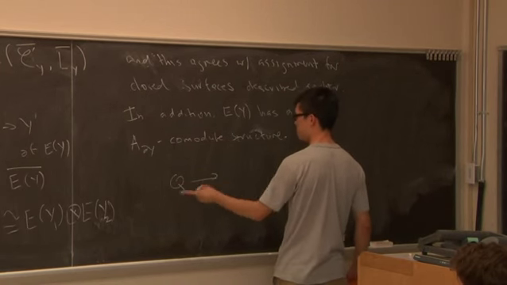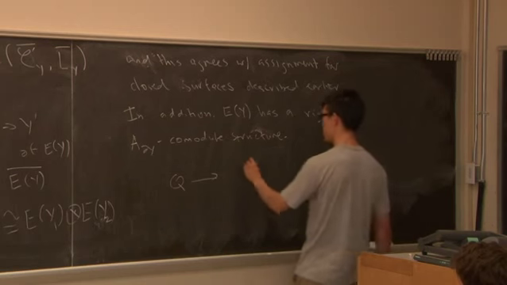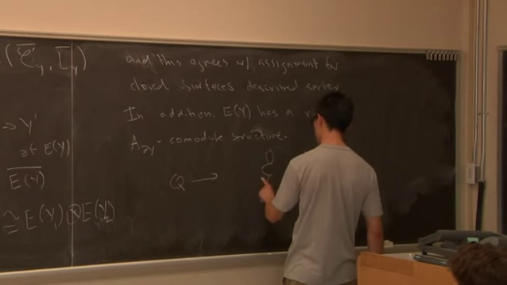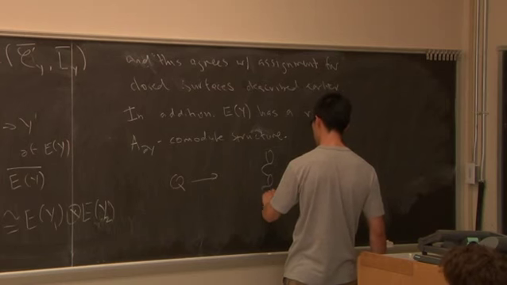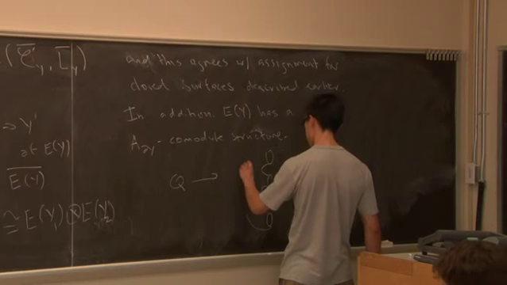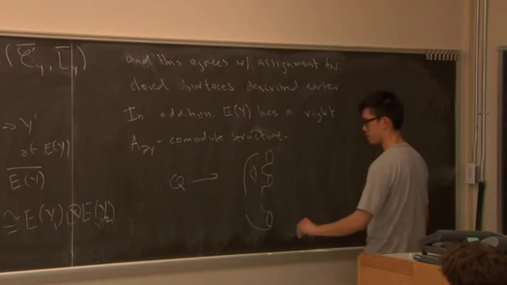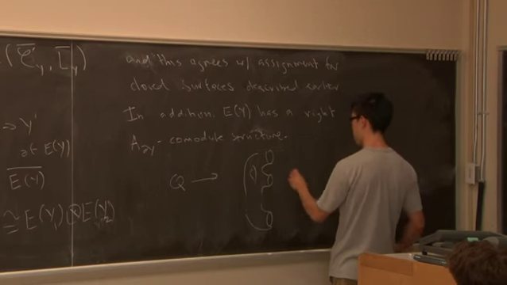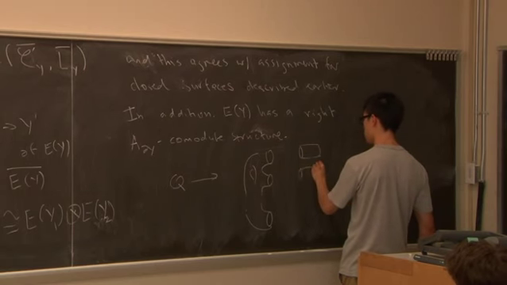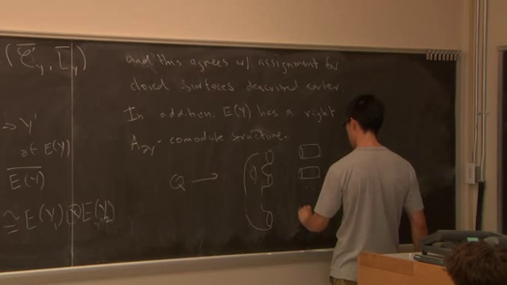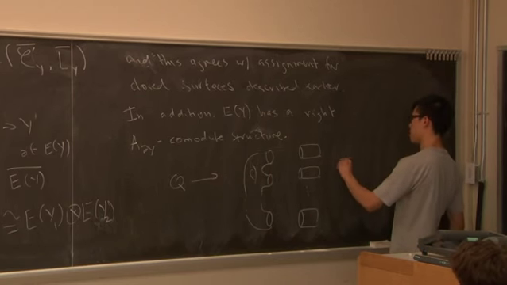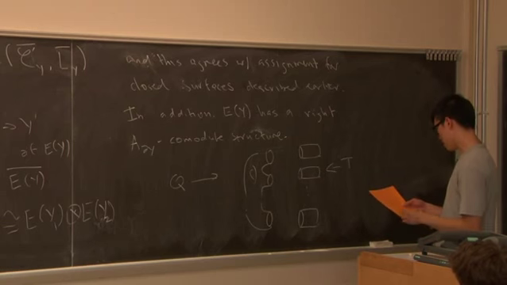So this is just for some representative, but say I have some surface with boundary like that. I don't know, maybe it's got more holes in it. And I look at this algebra that I get by looking at a bunch of cylinders, and I have some T over that guy.